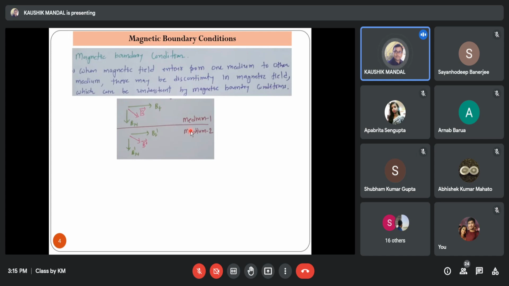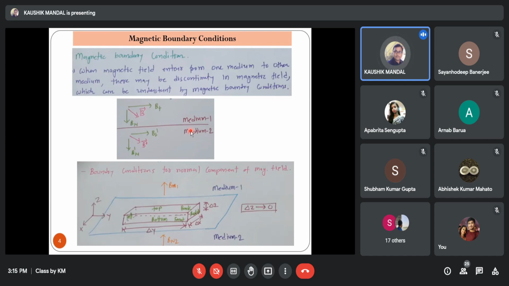So to determine the boundary conditions for the magnetic field, we first find the change in the normal component when moving from one medium to another. After that, we determine the change in the tangential component when the magnetic field moves from one medium to another.